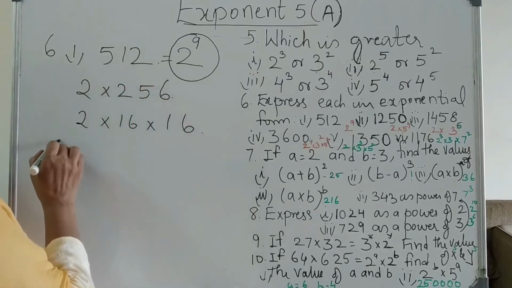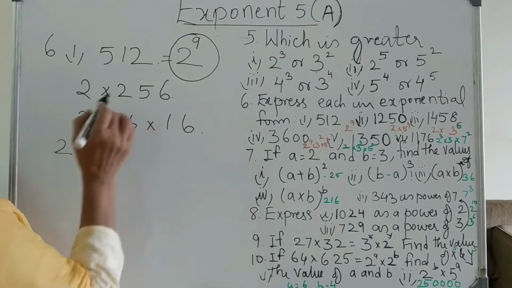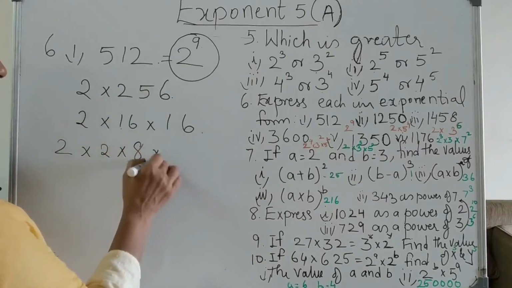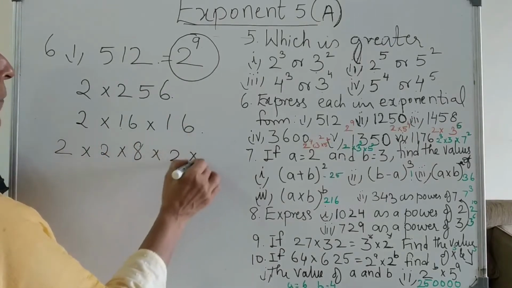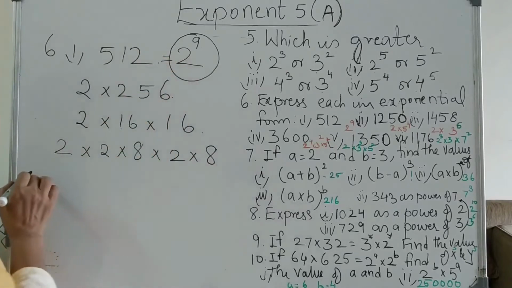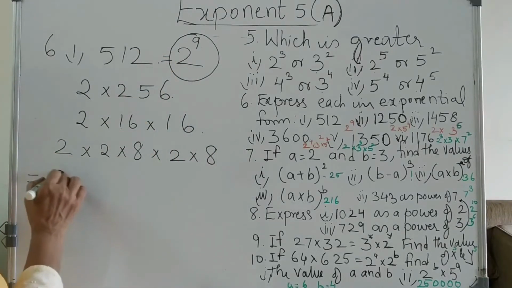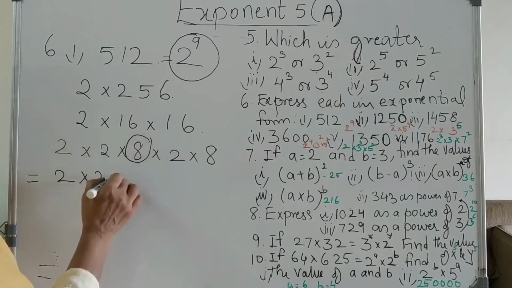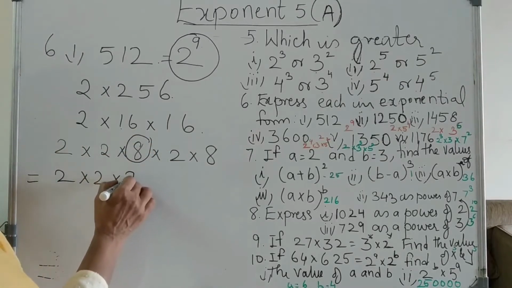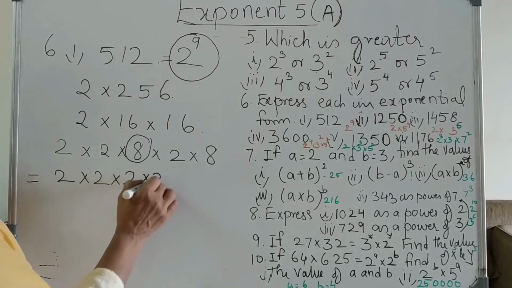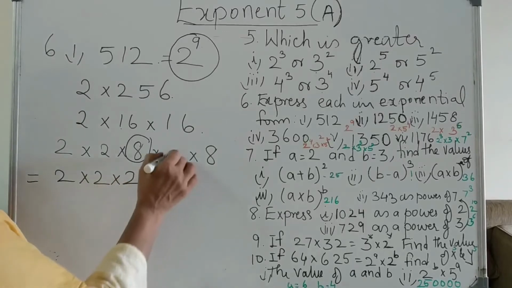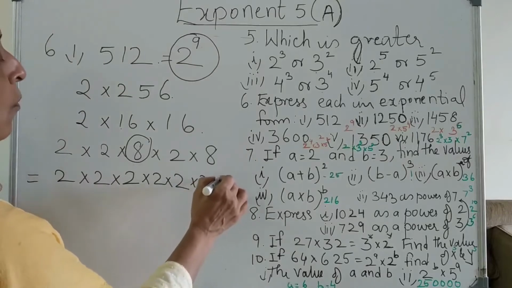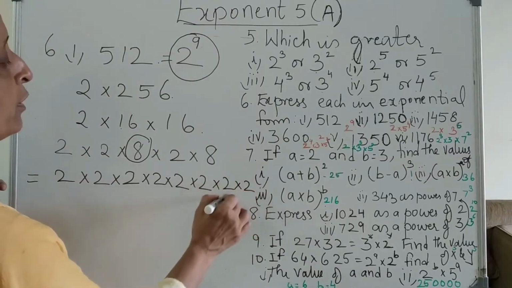Now further, 2 8s are 16. Again here 2 8s are 16. Now here you have factorized up till now 2 into 2. Now 8 is 3 times 2. So you write 3 times 2, 1, 2, 3. This 2 you write again, and 8 you write 3 times: 1, 2, 3.